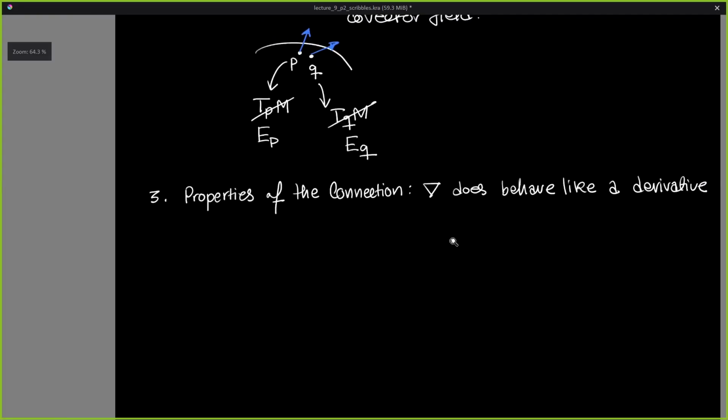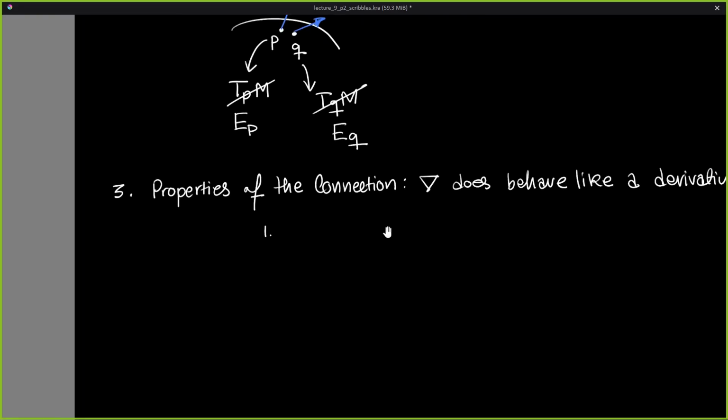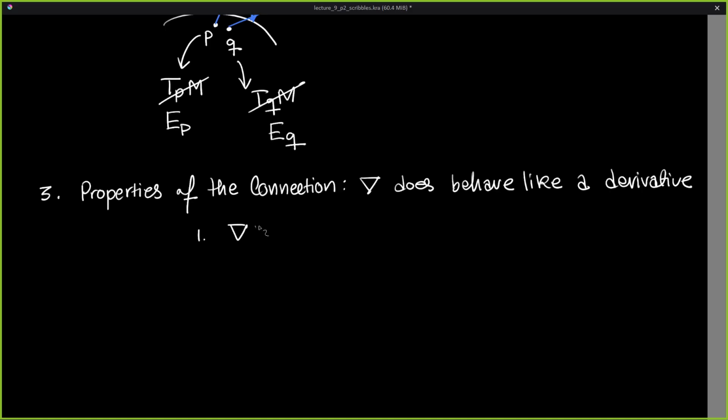So first of all, nabla of 0 is 0. That's one of the things you expect a derivative to do, right? Like d dx of 0 is 0.